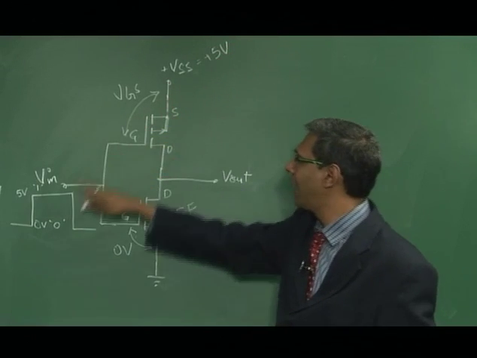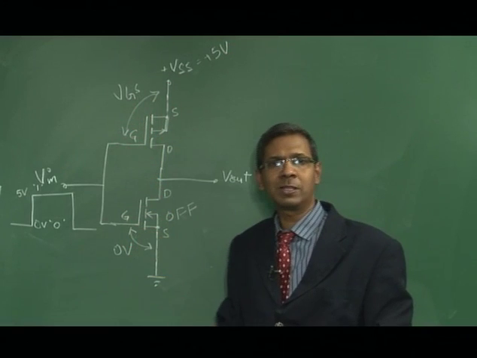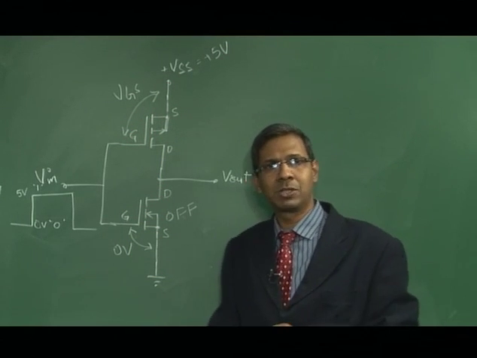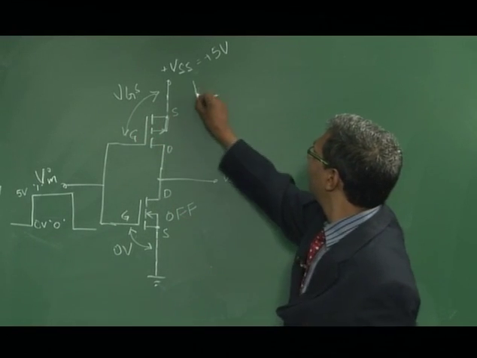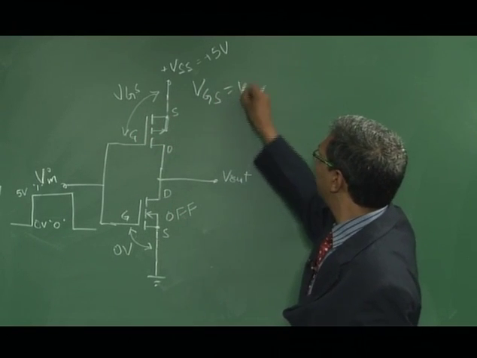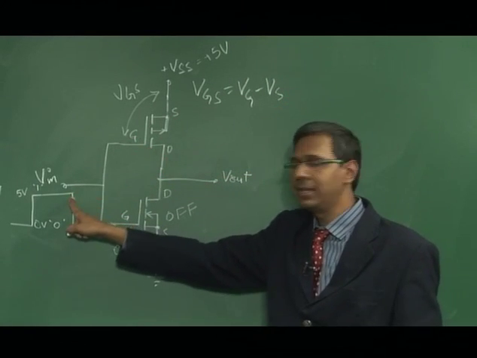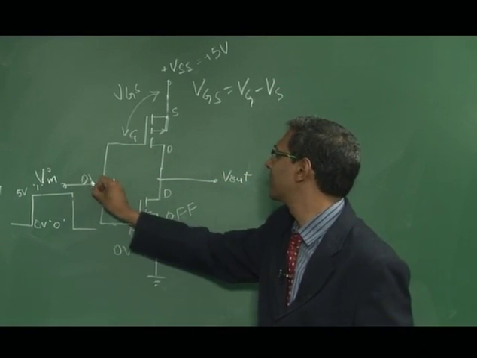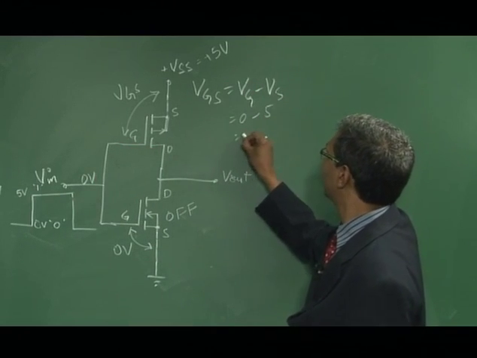The source is at 5, and if the gate is at 0, the difference between those two is 5 volts. But is it a positive gate voltage? No. VGS is nothing but what? We already did this, VG minus VS. Now what is VG? VG is 0, because I am applying 0 volts to start with. So it is going to be 0 minus 5, which is minus 5.